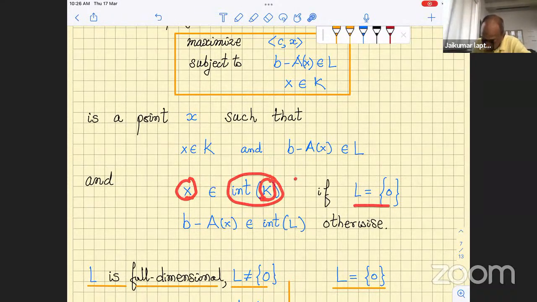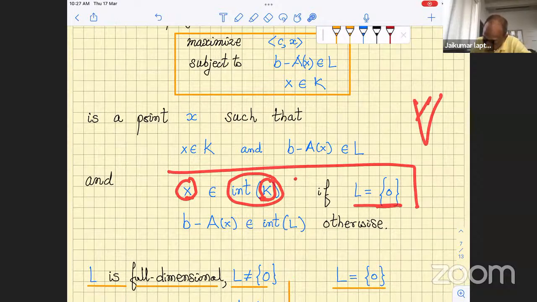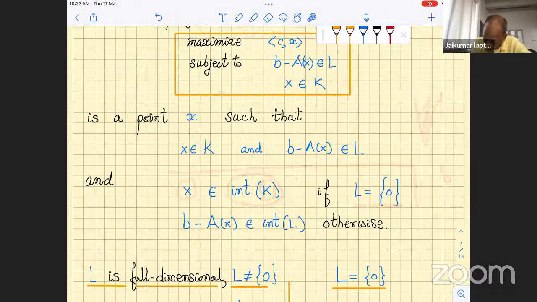This is the definition we will use when the target cone on the right-hand side is not full dimensional, but just a point, just the 0 point. Then the point on the left-hand side itself should be in the interior of this cone.